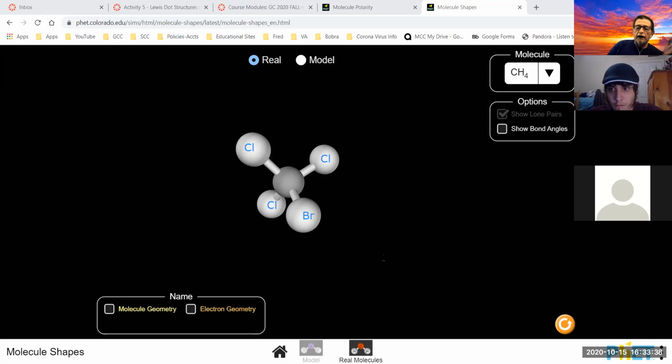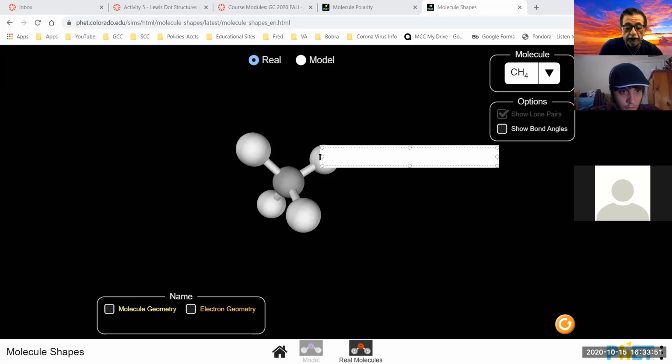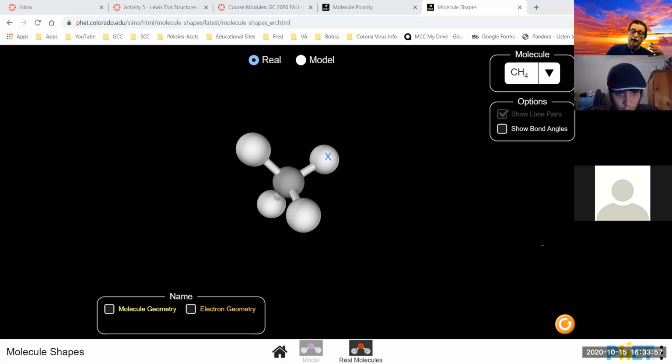The question is, what if we just change one and make this one any halogen? I'm just going to call it X, so that's either bromine, chlorine, or iodine.